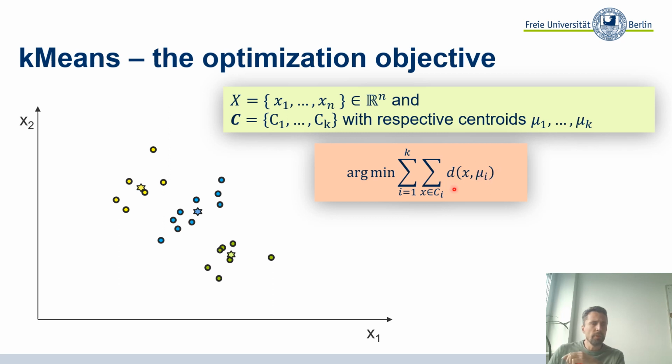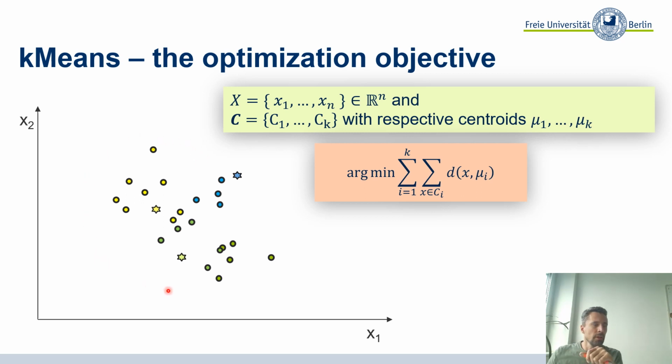And we sum up all those intra-cluster distances over all clusters, and that's our global optimization objective. And we hope, and you'll see that's the case, that this is a good objective. So if this is minimized, the clustering is optimal.